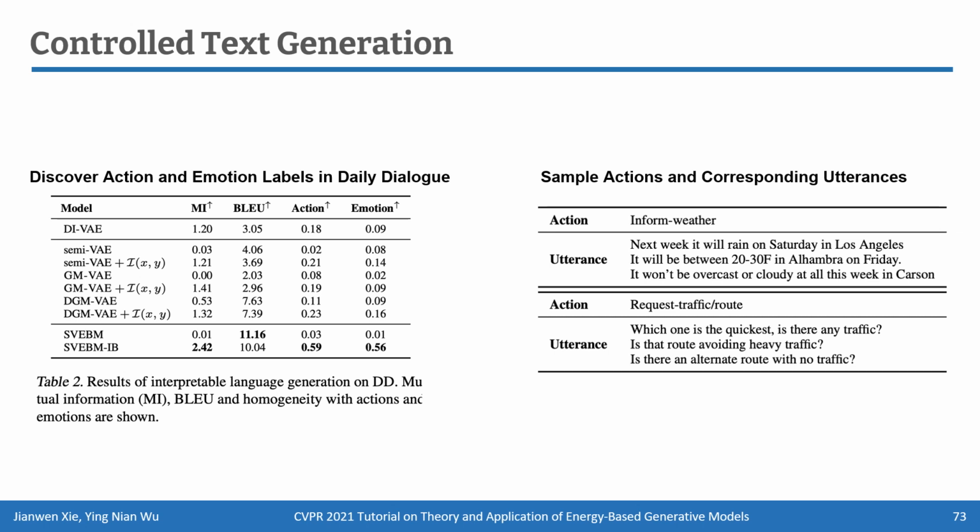So, for example, in the unsupervised learning, we can actually discover the action and emotion labels in the daily dialogue, so that we can sample the actions and the corresponding sentences. For example, the action may be inform weather, or the action may be request the traffic, and then we can generate those utterances or sentences.